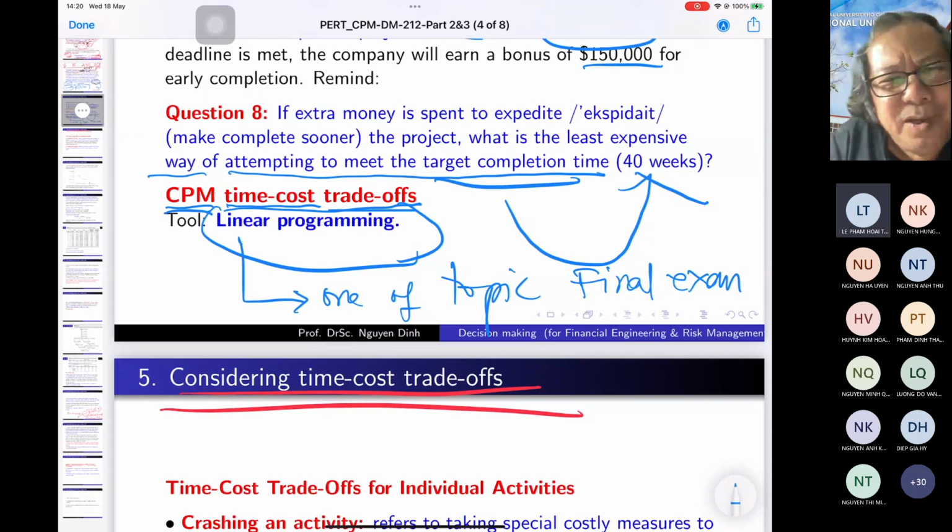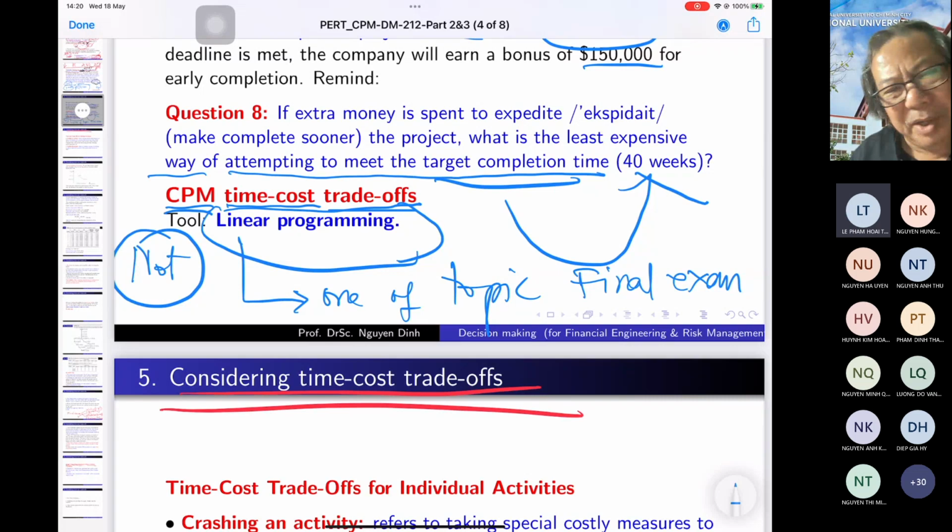One of the 4 topics I told you. So I don't teach you this. You must do it as a final exam. Read it. It is just about 1 page or so, but you understand and present it. But I tell you another way, not this way. We do not study this here.